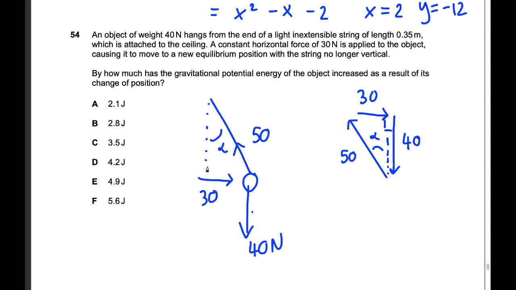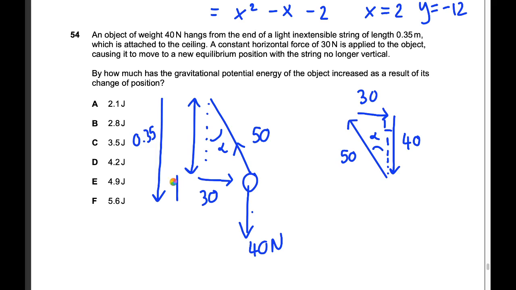But what do we actually want to work out? We want to work out this new height, this distance from the ceiling, because it used to hang at 0.35 meters. Whatever this new height is, is our new height.